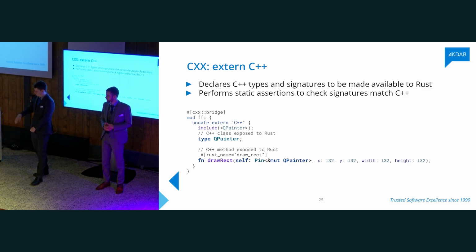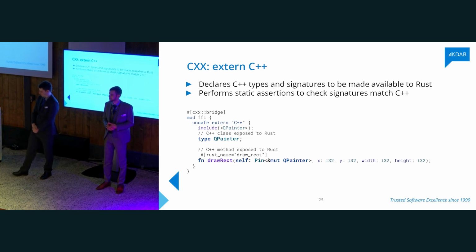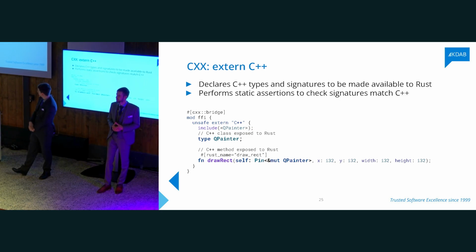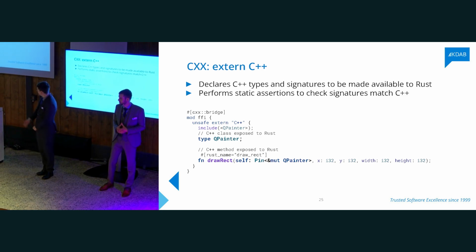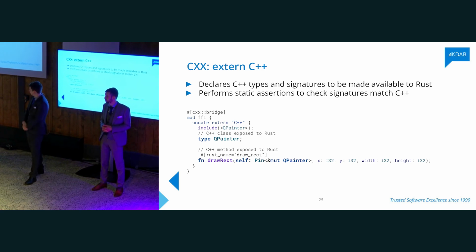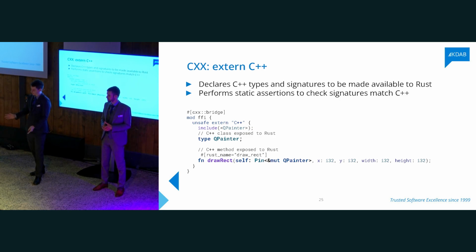And you can see in this extern block here, we've described a QPainter very basically. So there's a type, QPainter, and we're telling CXX there's a drawRect method on that type. And this will be exposed through the macro expansion in Rust, and it will appear like a normal struct with a method for us.